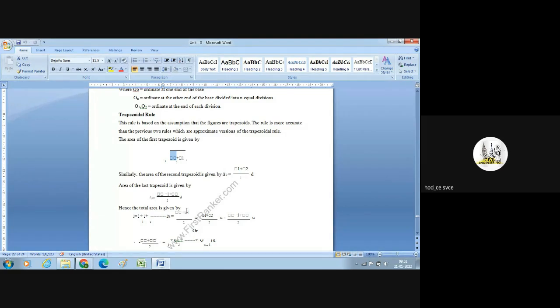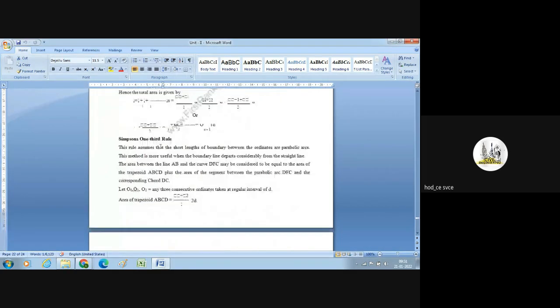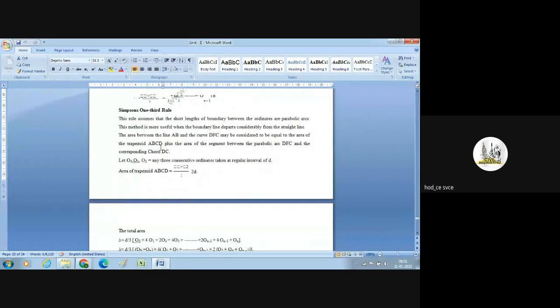Okay, so this is the trapezoidal rule for calculating the area. Okay, next coming to Simpson's one-third rule. Already we have discussed, right? So what does Simpson's one-third rule mean?